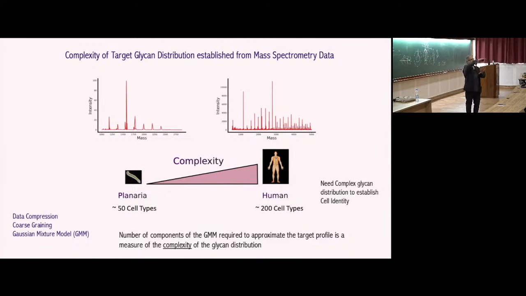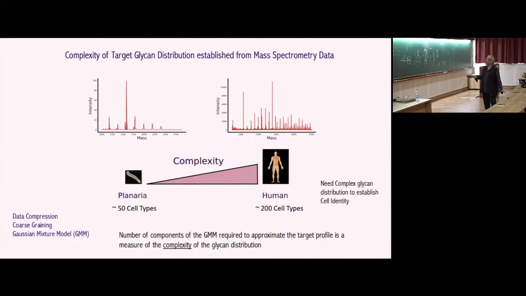So it can't be a smooth Gaussian, because two Gaussians are very difficult to distinguish. The need for distinguishability in a complex organism drives the complexity of the glycan profile.